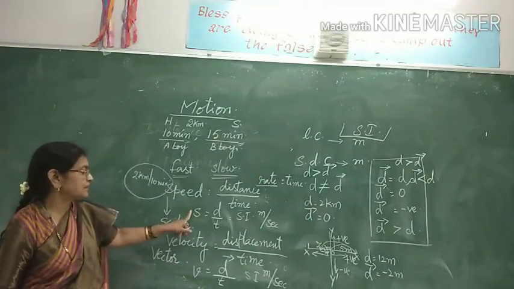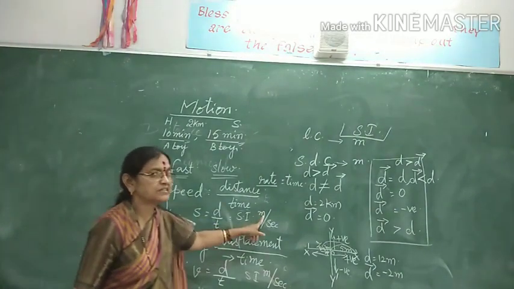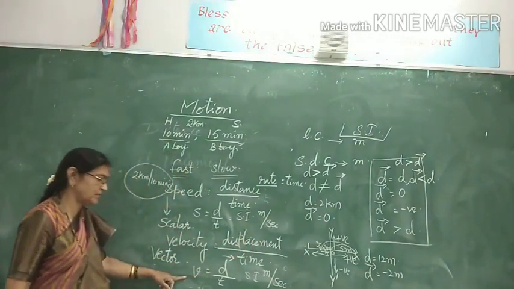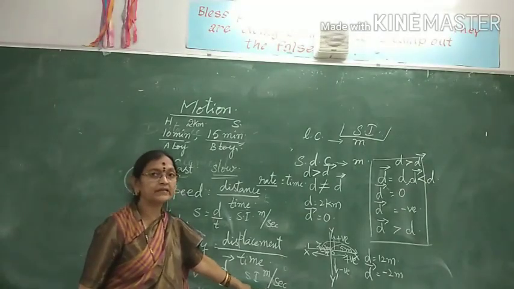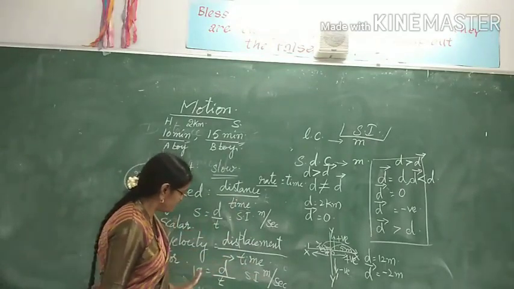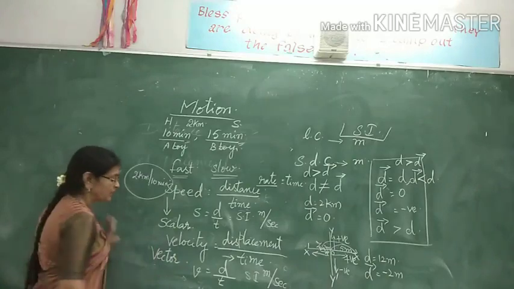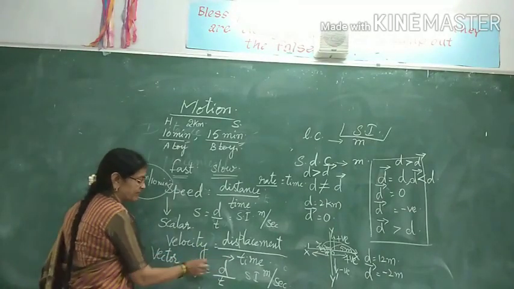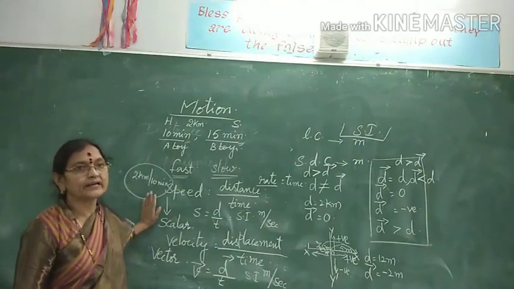Mathematically speed S = d/t and its SI unit is meter per second, whereas velocity is d vector/t and its SI unit is again meter per second. The difference between these two is that here you have to tell the direction also. Since displacement is a vector quantity, velocity is also a vector quantity.